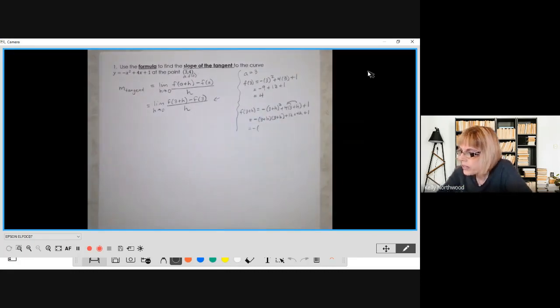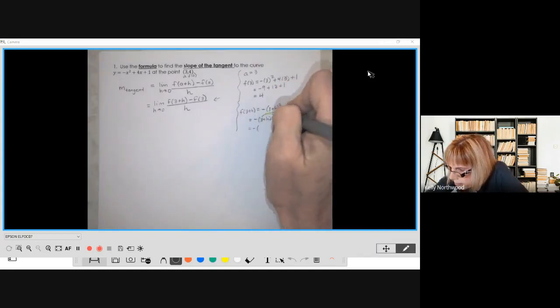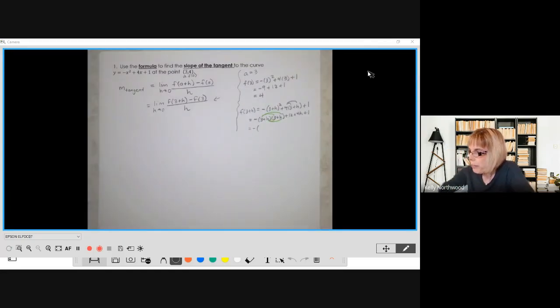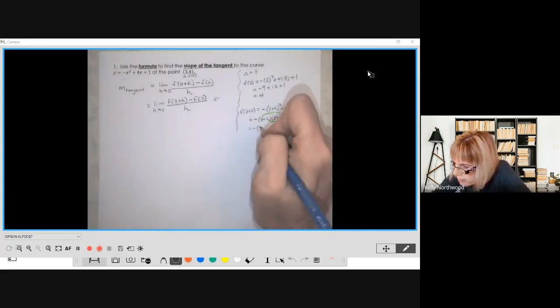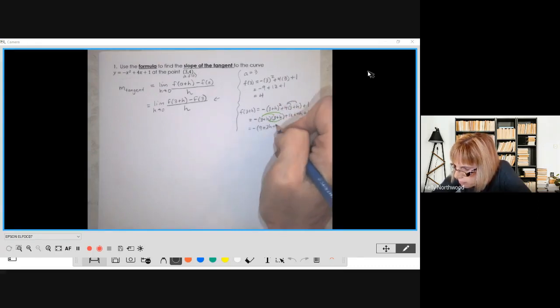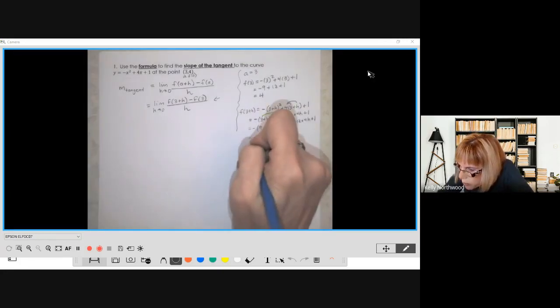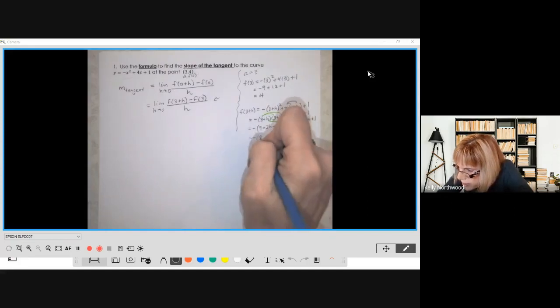So again, remember from yesterday that I'm going to expand these by multiplying each term in the first binomial by each in the second. And then I'm going to simplify inside the brackets here.